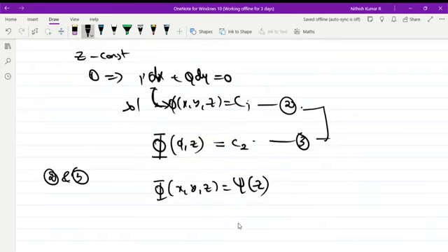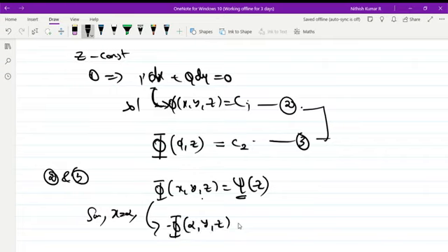Now to determine this function xi of z, we observe that if a given variable x has a fixed value, we are giving some fixed value to this x, say alpha, say x is equal to alpha. Then this equation is reduced to capital Phi of alpha, y, z is equal to xi of z.